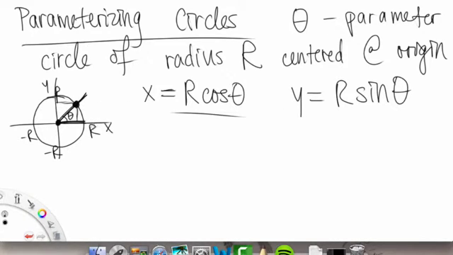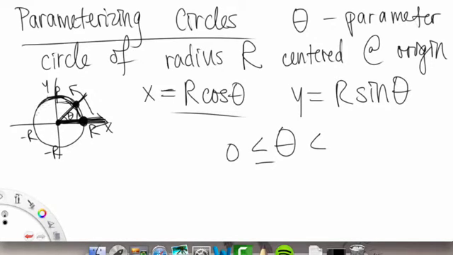Okay, so as we go around, theta is going to go from 0. An angle of 0 would be pointing in this direction, so that means we're at this point, the one I'm highlighting here. Then as theta grows larger than 0, we'll move around the circle like this, right on the curve.